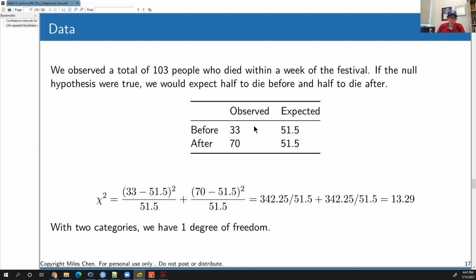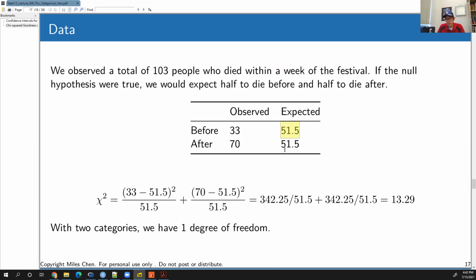So according to our data, we observed 33 people who died before the festival and 70 people who died after the festival. Okay, so we have a total of 103 people who died within 1 week of the festival. And so if the null hypothesis were true, the count that we would expect would be 103 divided by 2, 51.5 before, and 51.5 after.